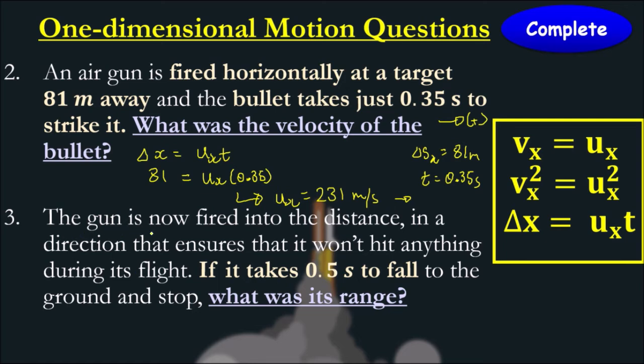And then question 3 says the gun was fired into the distance, and it takes 0.5 seconds to fall. What was the overall range?